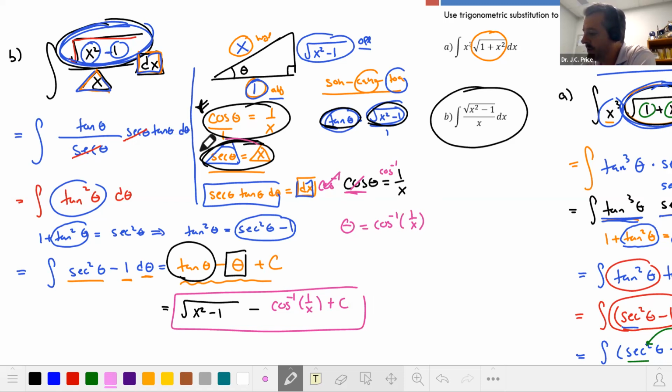You could have also used this one right here, secant of theta equals x, because if you secant inverse both sides, theta is also equal to secant inverse of x. So it doesn't matter which one you use. But the trick, or the way these are actually solved, all lies in this right triangle. So there are ways to do these types of problems without using the right triangle.